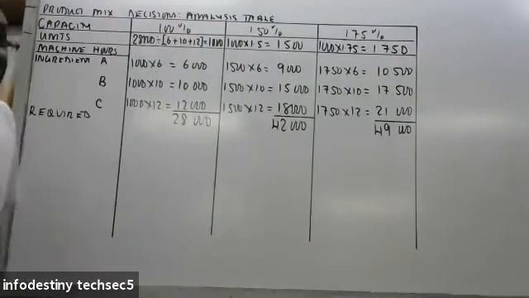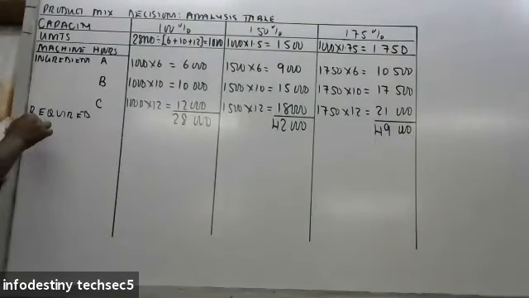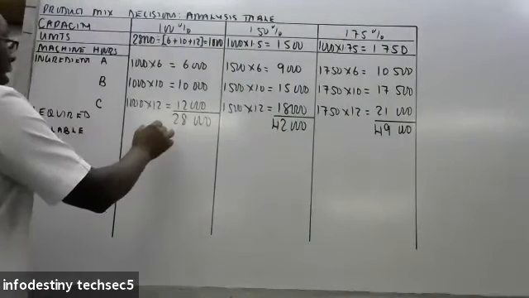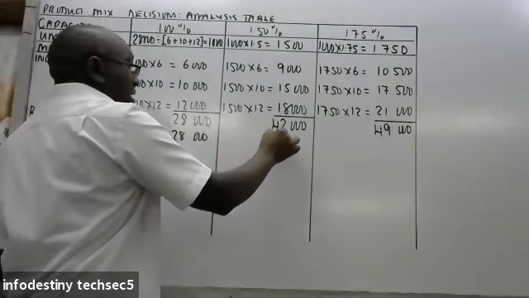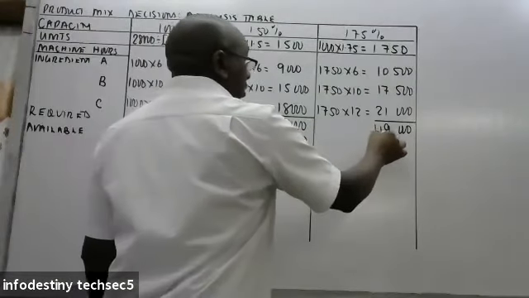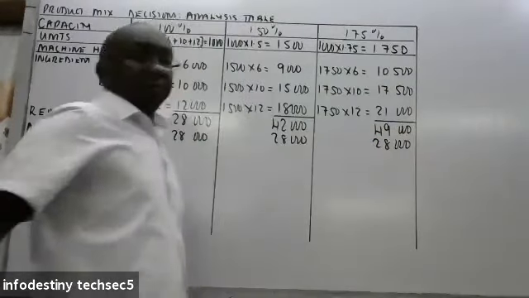Then you bring the available. The available is 28,000, 28,000, 28,000.